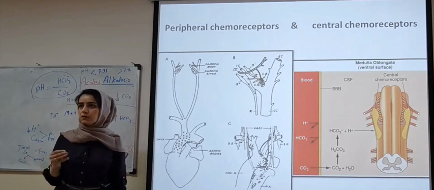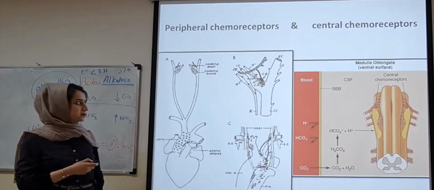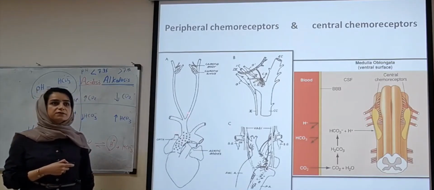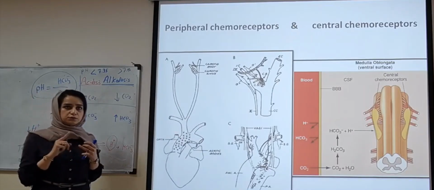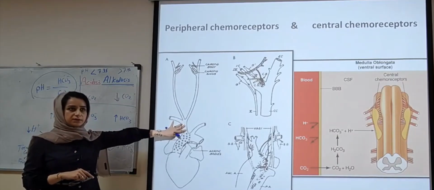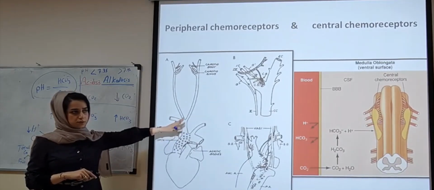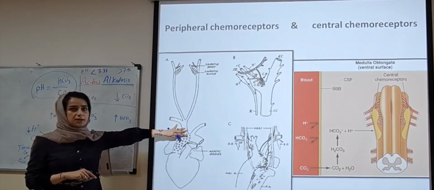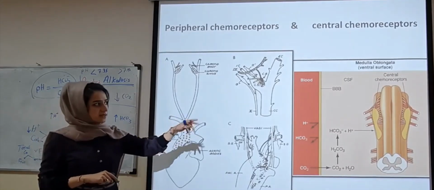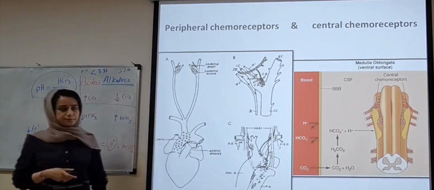But we also have the peripheral chemoreceptor, sensing O2, CO2 and H. So the peripheral one senses all three of these chemicals. Any abnormality in these will be sensed by the peripheral chemoreceptors, while the central is sensitive only to change in the CO2.